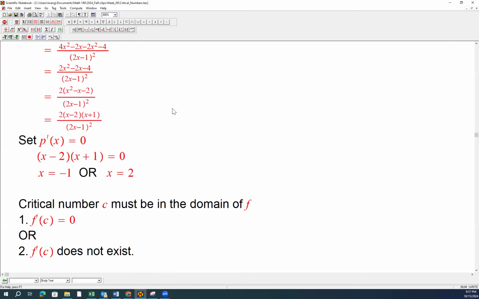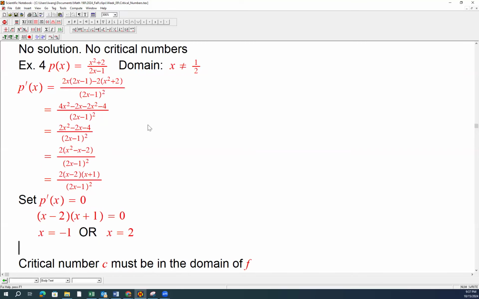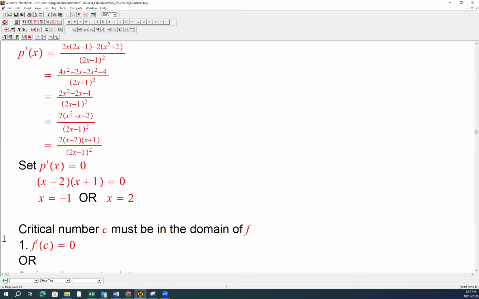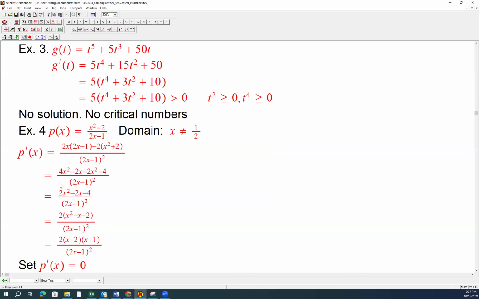Is there a number where the derivative is not defined? We got 2 critical numbers, which belong to the first category. The second category: we want to see if there's an additional number that will cause the derivative to be undefined.